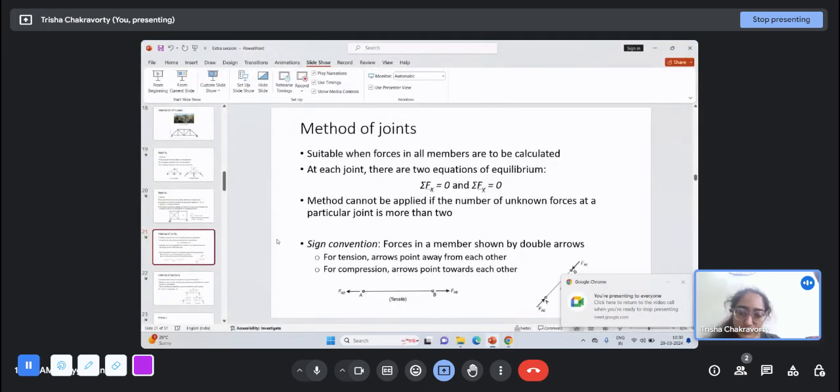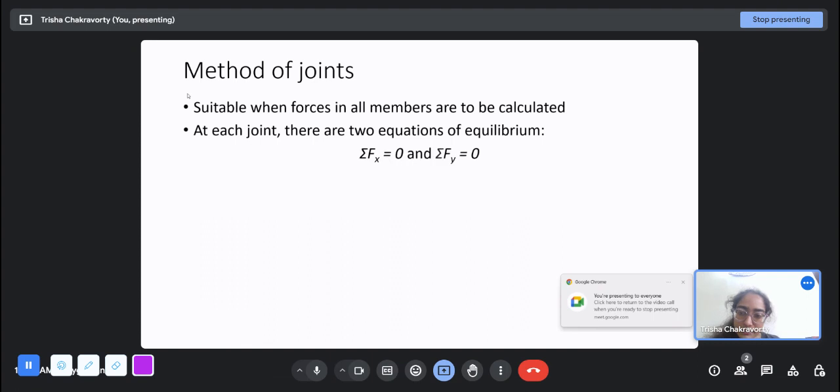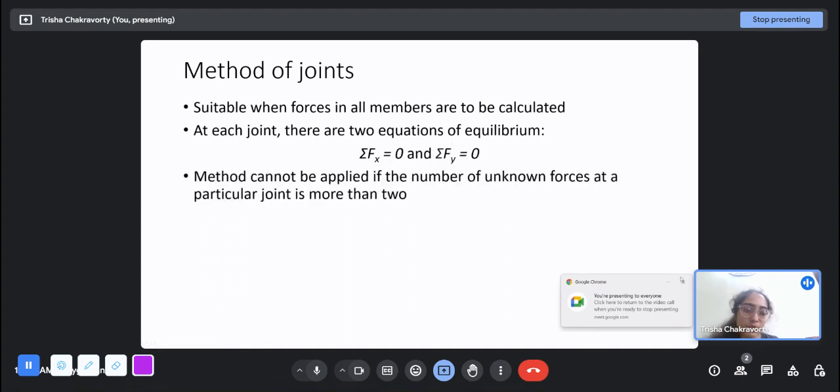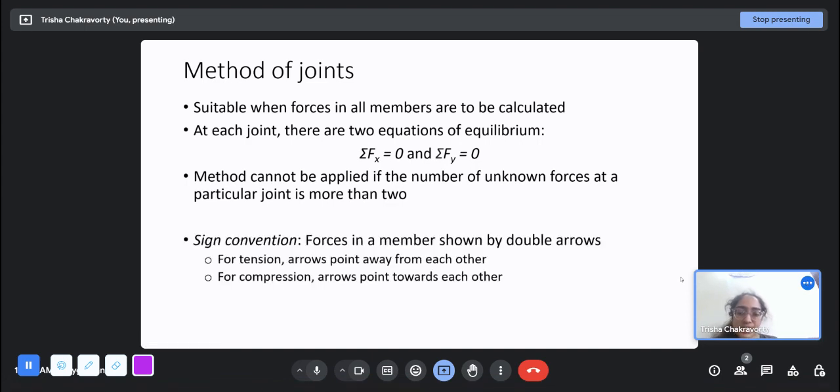The method of joints cannot be applied if the number of unknown forces at a particular joint is more than two, of course, because we have two equations of equilibrium. We can only solve two forces at a joint, and this is the sign convention. Like I said, for tension, arrows point away from the member, and for compression, the arrows point towards the member. Tensile is positive and compression is negative. Sometimes it's taken like that.